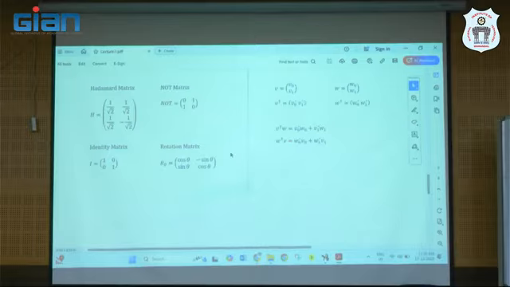So we saw the L2 norm is 1, and the inner product is 0 for the two columns. What is the inner product of the two rows? One over square root 2 times 1 over square root 2, half, plus 1 over square root 2 times minus 1 over square root 2, minus half. Half minus half, 0. So the inner product of the rows is 0, the inner product of the columns is 0, both the rows have L2 norm 1, both the columns have L2 norm 1.